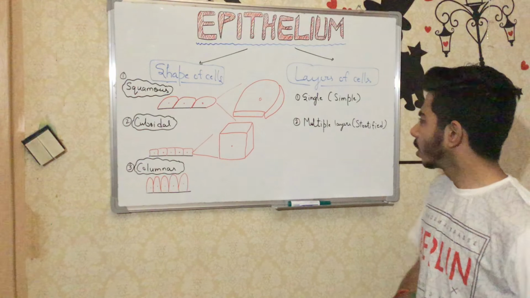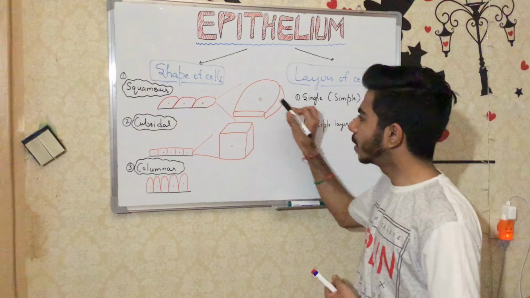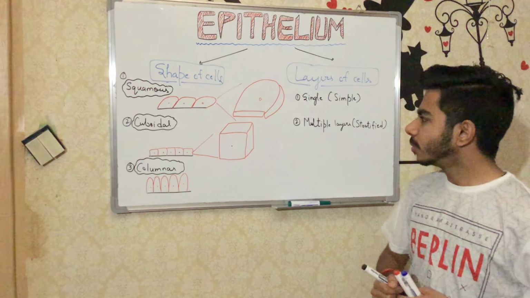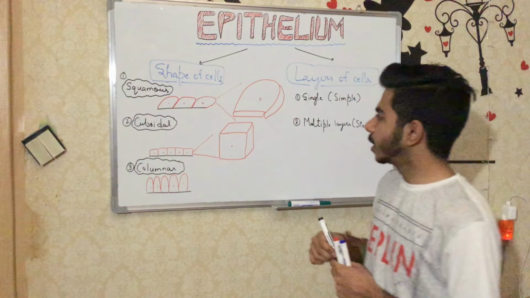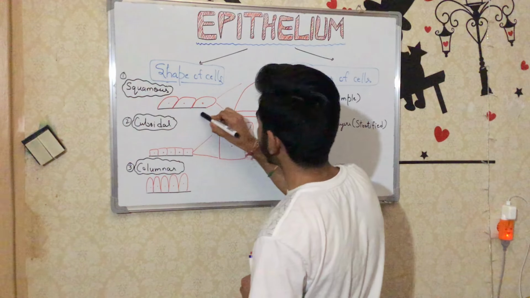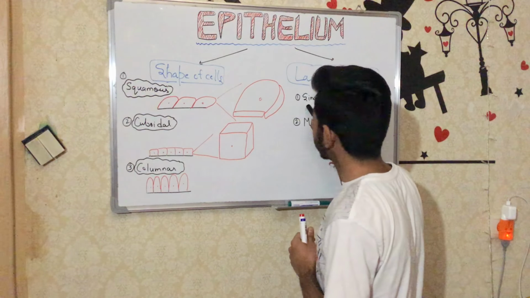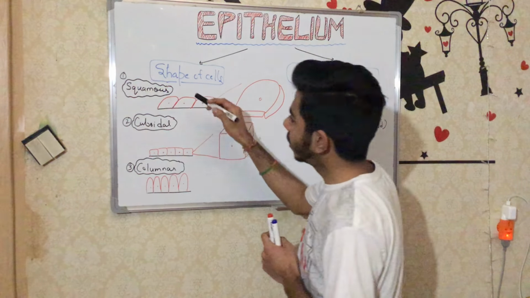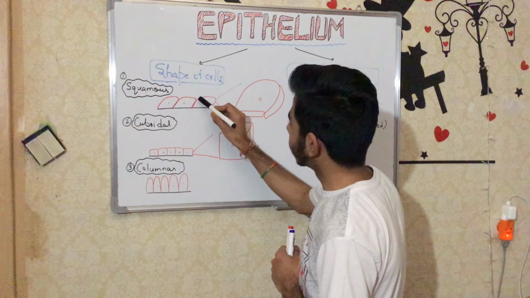Like how? If we talk about the simple one, take simple squamous. If we focus on this, this is the single layer, as you can see over here. We don't have multiple layers. So this is the simple layer, and at the same time they have flat cells.